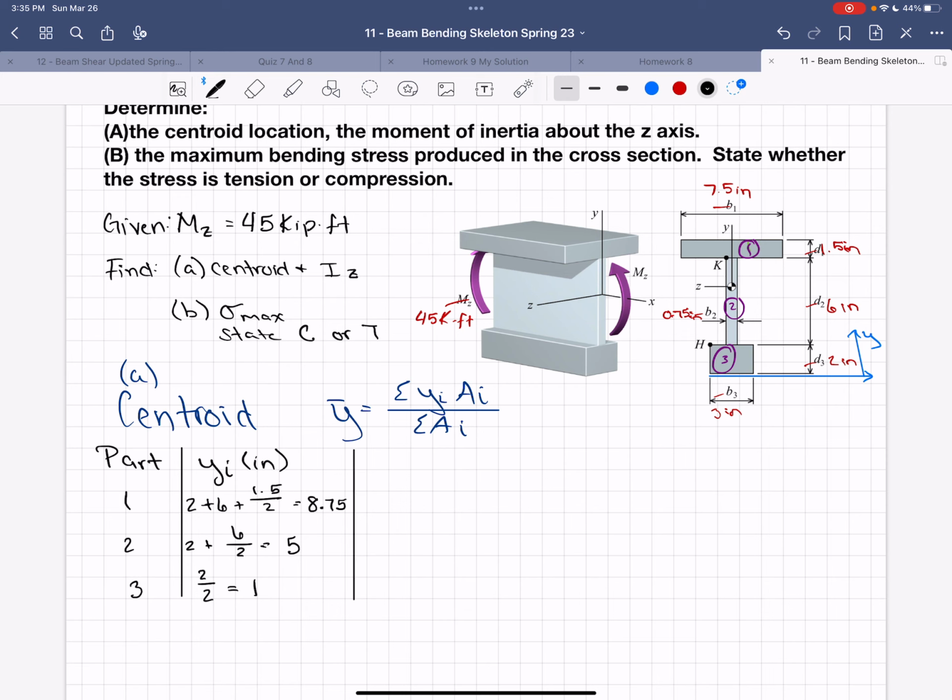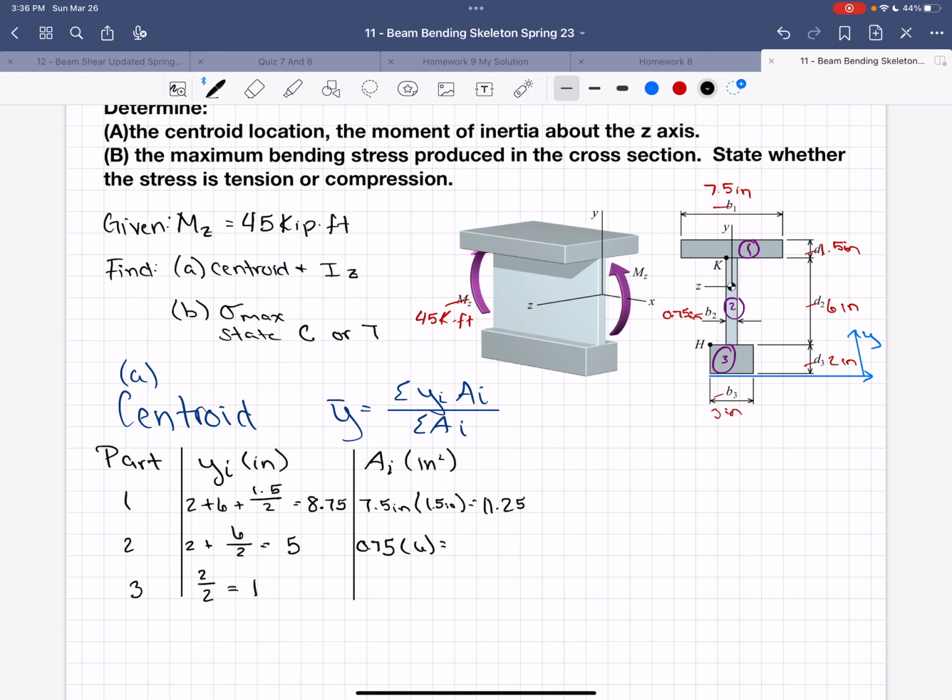Then we need the area of each part, and that'll be in inches squared. So part 1 is 7.5 inches times 1.5 inches, and we get 11.25 inches squared. Part 2 is 0.75 inches wide times 6 inches tall.